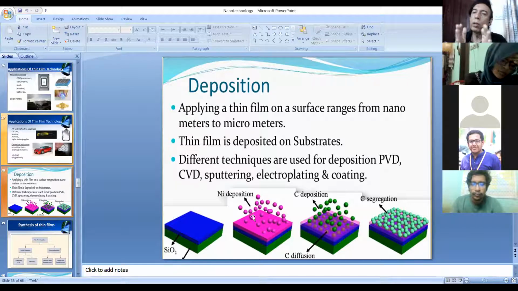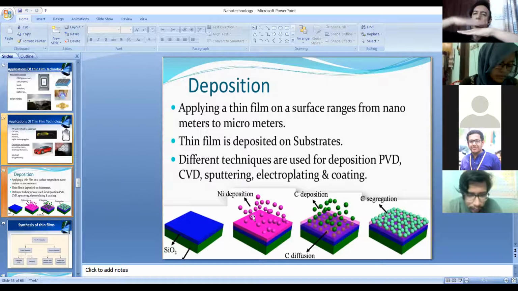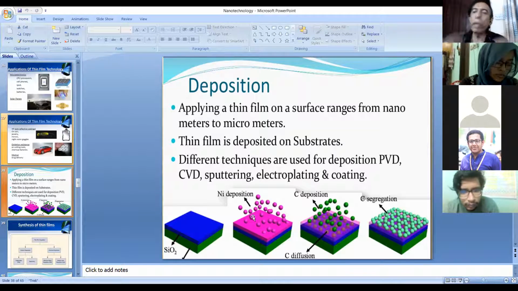They will deposit by themselves. That is called self-assembly. So this is one layer of atoms and this is another layer of atoms. It will be deposited by themselves. We cannot handle such tiny atoms. So it is self-assembly.